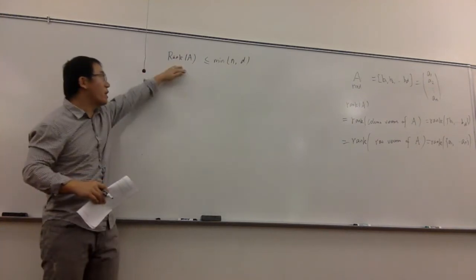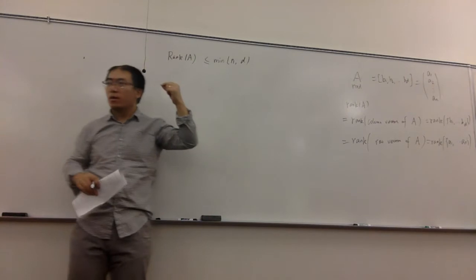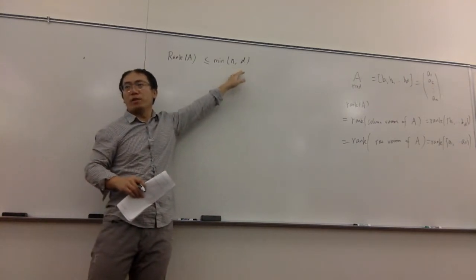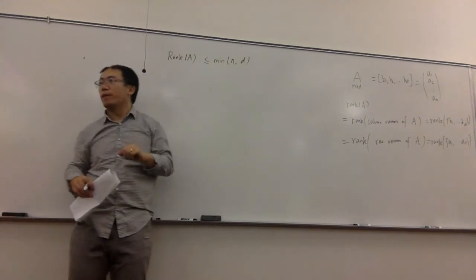Namely, the rank of the matrix cannot exceed its row number as well as its column number.